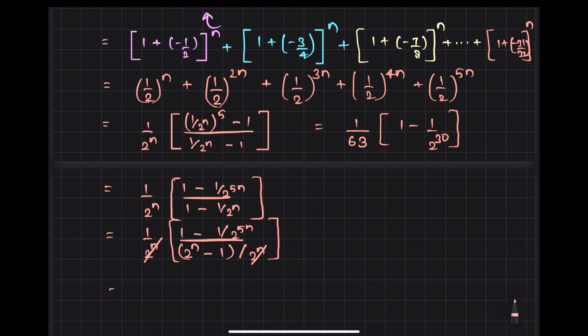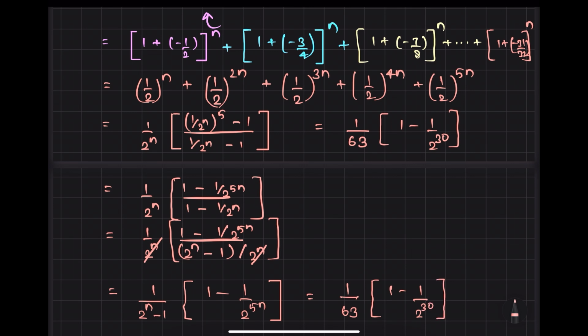Correct. So can I write this thing as 1 by 2 power n minus 1 into 1 minus 1 by 2 power 5n. So according to us the answer is this, but according to them the answer is this, 1 by 63 into 1 minus 1 by 2 power 30.